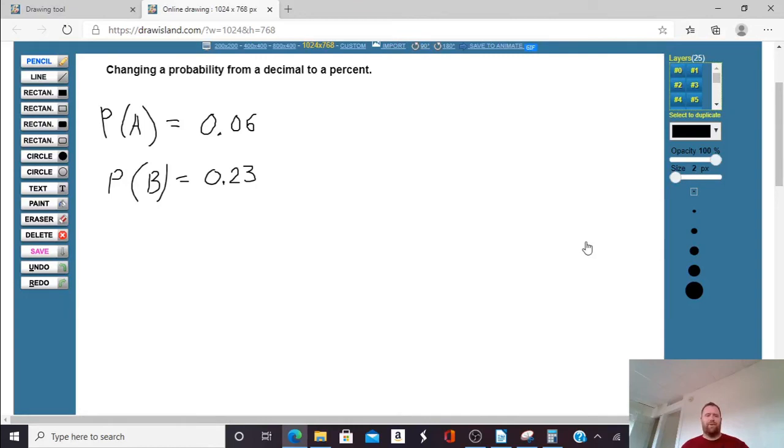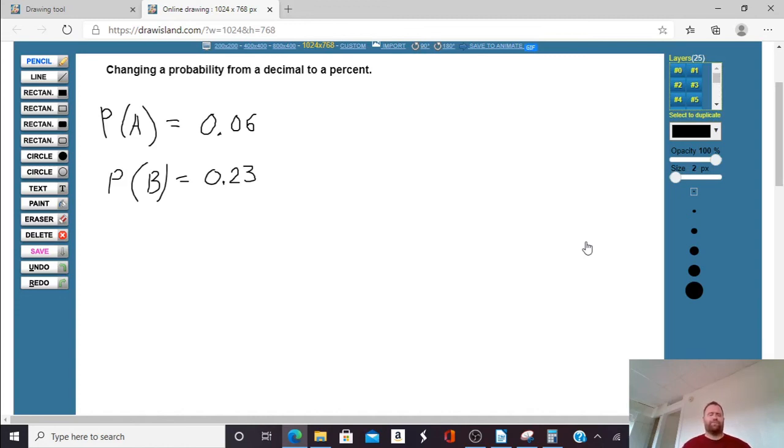Okay, Mr. Unkert here, and after we've gone through some of the examples, you may also have to pick an answer that is written as a percent. So I have some probabilities here that are both written as decimals. Now, probabilities written as a decimal can run from 0 to 1, with 0 being the same as 0% chance of it happening, and 1 meaning that there's a 100% chance it will happen.